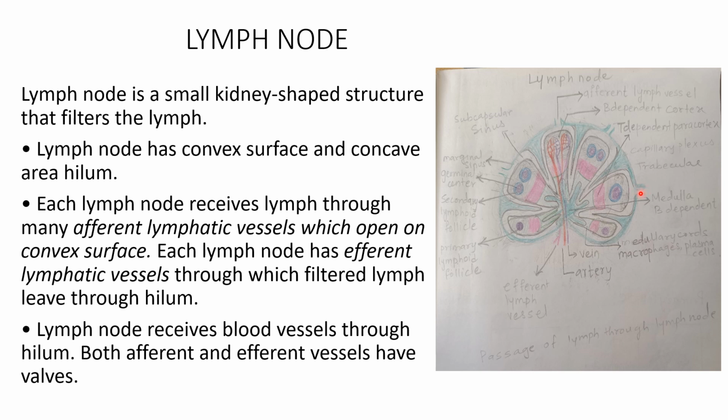And after filtering the lymph node will drain the lymph into the efferent lymphatic vessel, and these efferent lymphatic vessels are present in the hilum. They will leave the hilum. So it is kidney shaped.